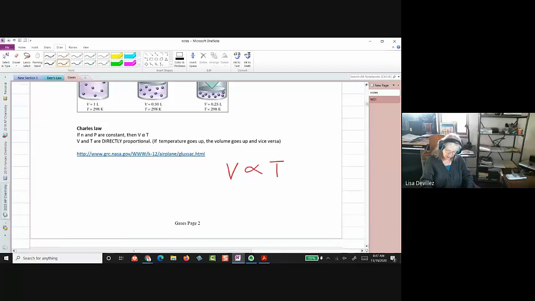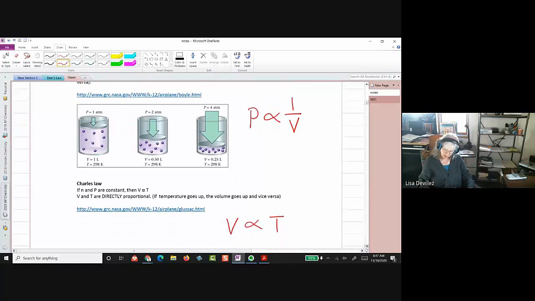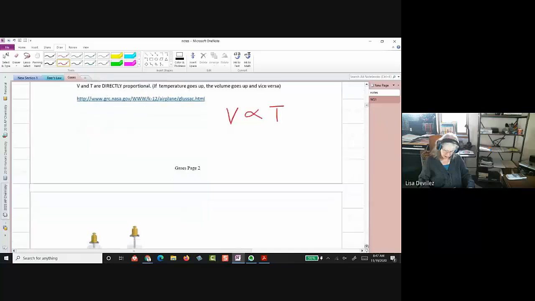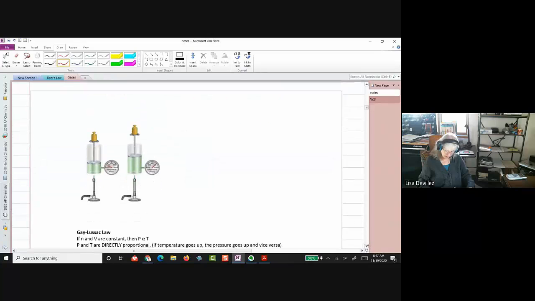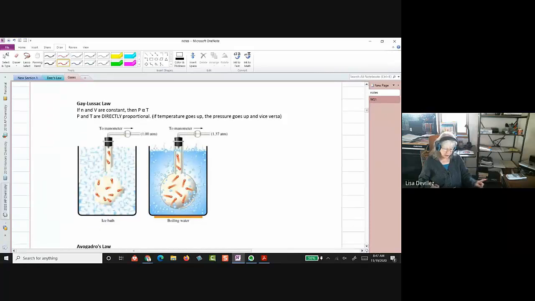And then here we have that pressure is inversely proportional, so it's directly proportional to 1 over the volume, essentially. And we'll keep going down here. And Gay-Lussac's law looks at pressure versus temperature, and says that these are, again, directly proportional.